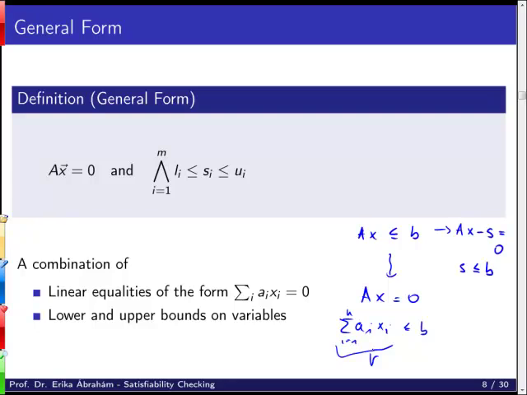Now, basically what I say is I transform it to express that the distance between V and 0 is less or equal b.